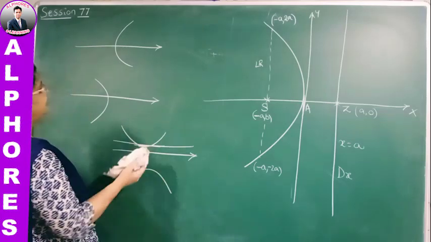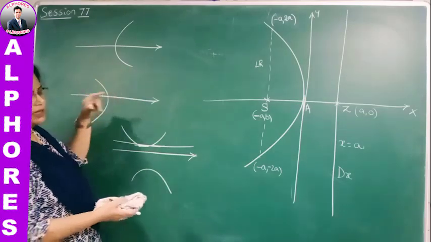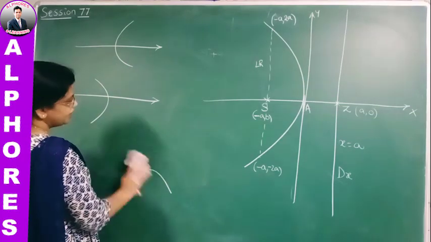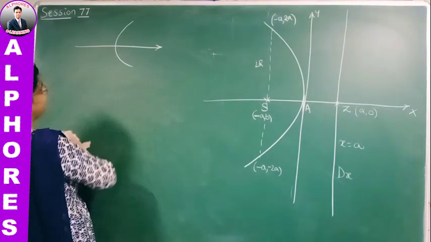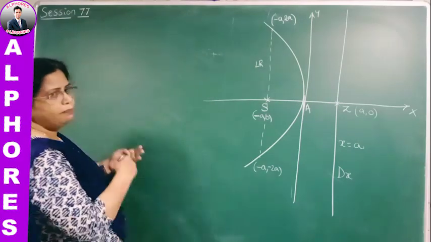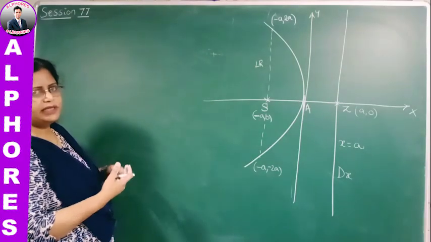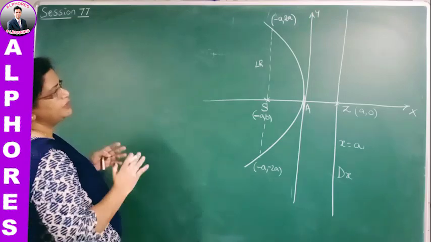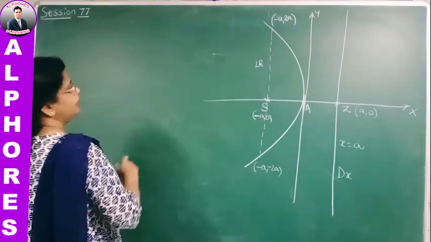Understand? Everywhere we are using coordinate axes, x axis, y axis, as the axis of parabola. Sometimes I am taking x axis as axis, and for upper one, lower one we can choose y axis. Understand? So now suppose we observe this kind of parabola.